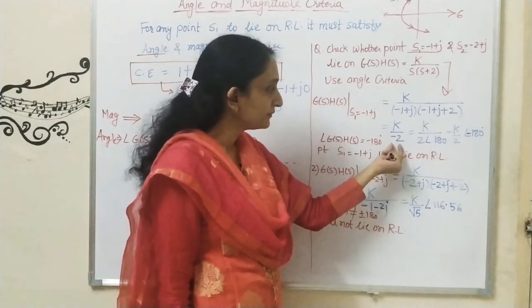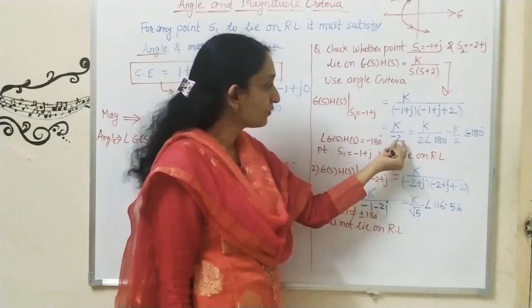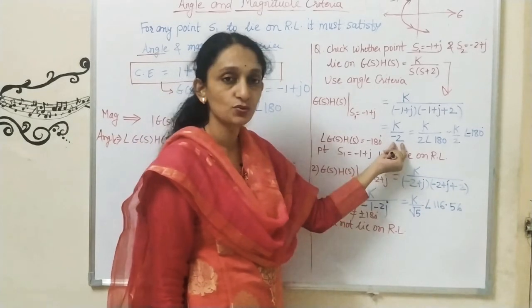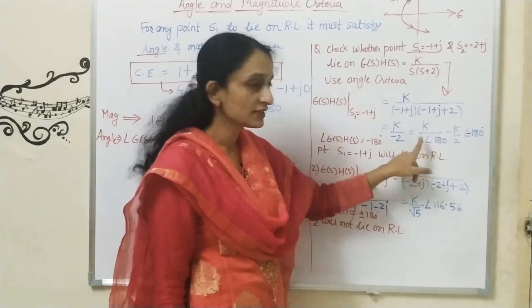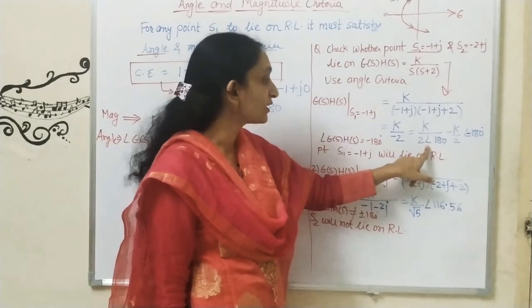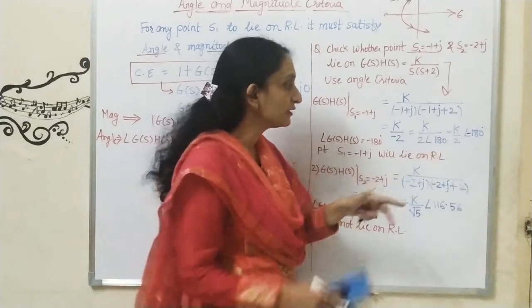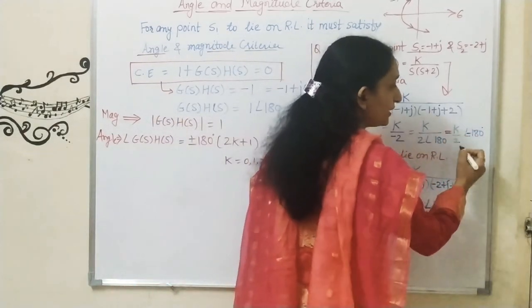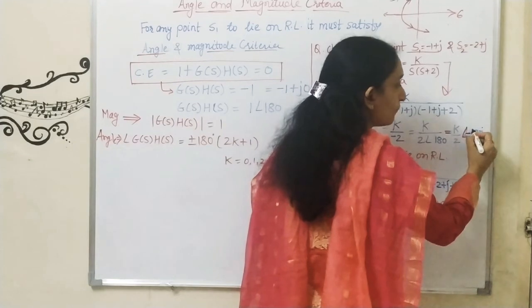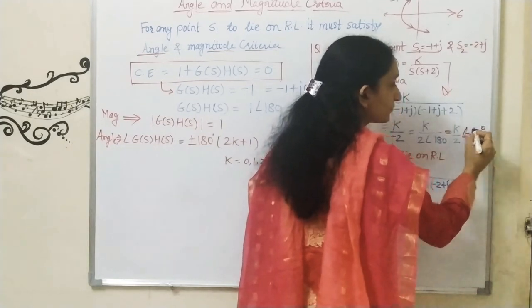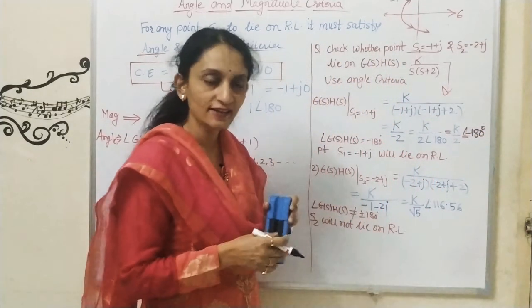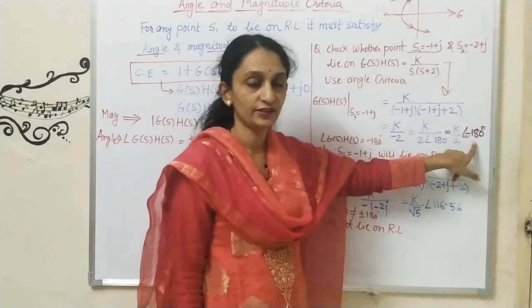Then I have rearranged and got K by minus 2. Arranging this in polar form, we get K by 2 at an angle of minus 180 degrees. So K by 2 is the magnitude and the angle is minus 180 degrees.